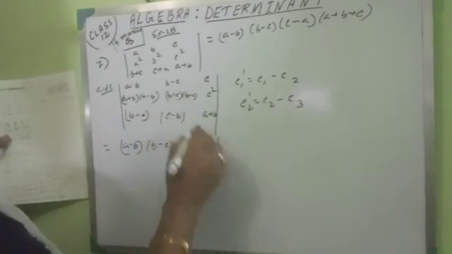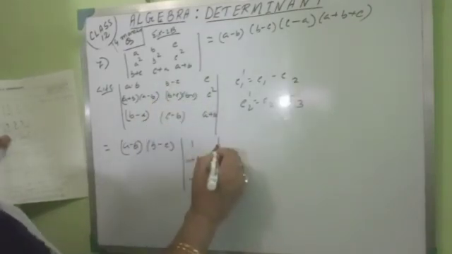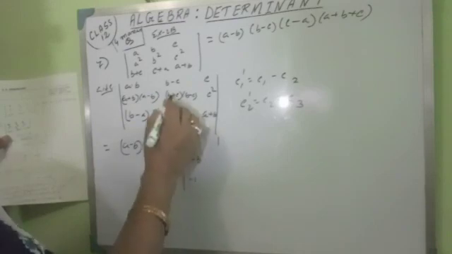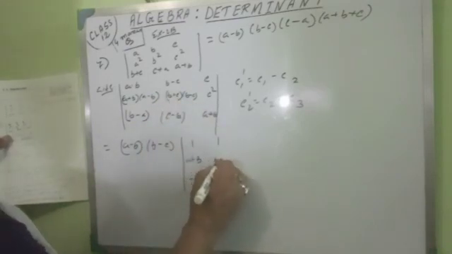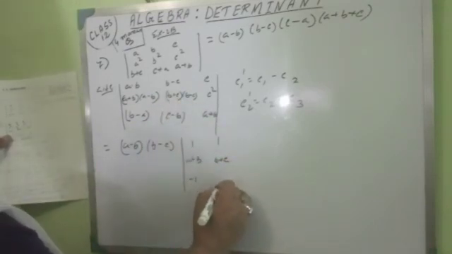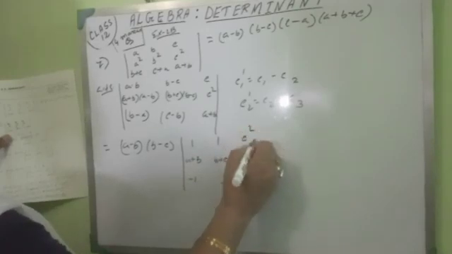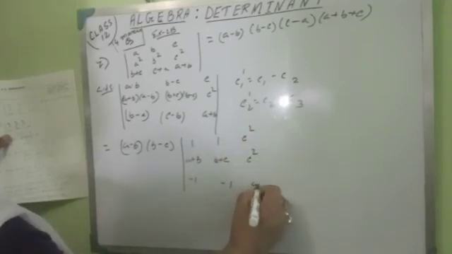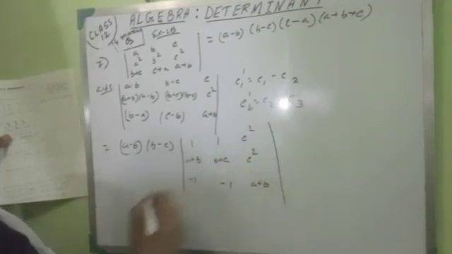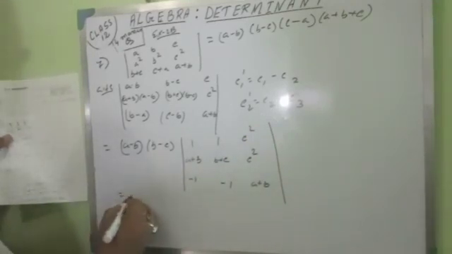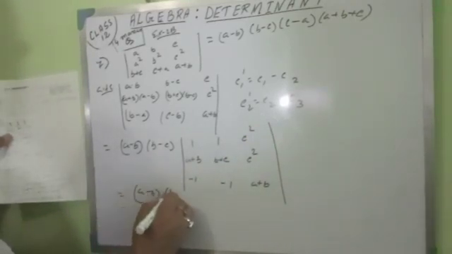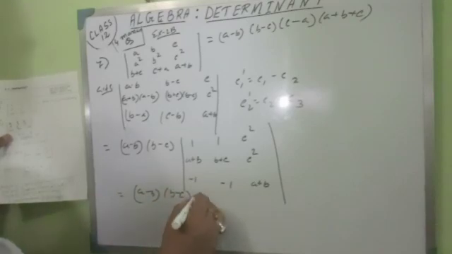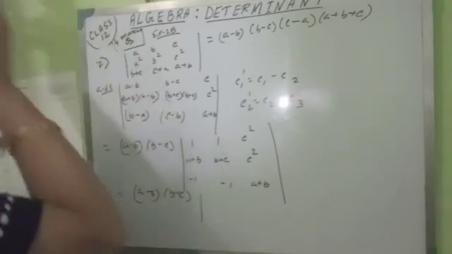And from here B minus C taken out, so this will be 1. Next it will be B plus C, next it will be minus 1, it is C square, A plus B. Got it?